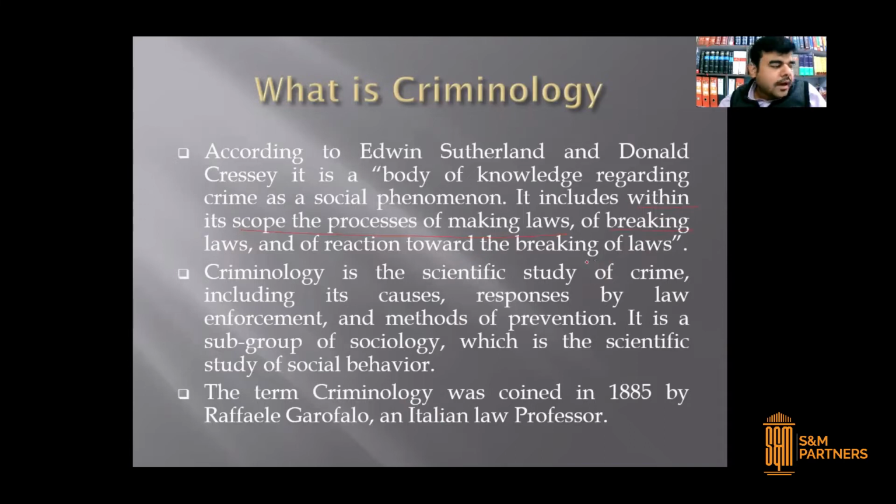So it has a wide ambit, which means that it entails all the details. It covers details about how the law is made, how a particular criminal law is made, what is the intention of the person behind breaking those laws, and also the reaction towards such breaking of laws.